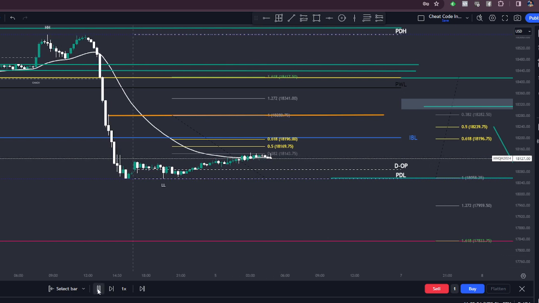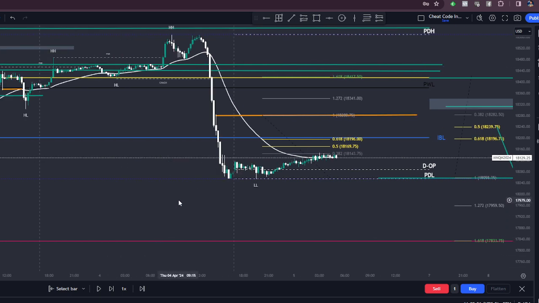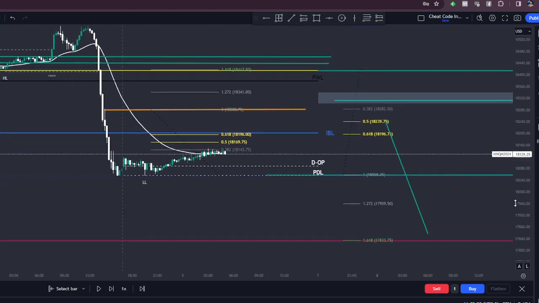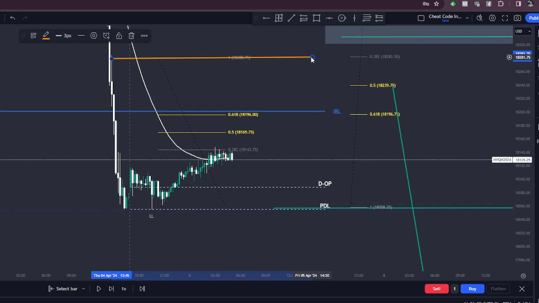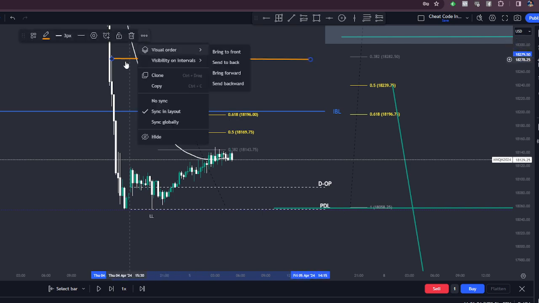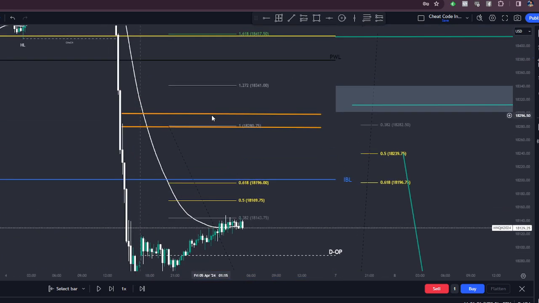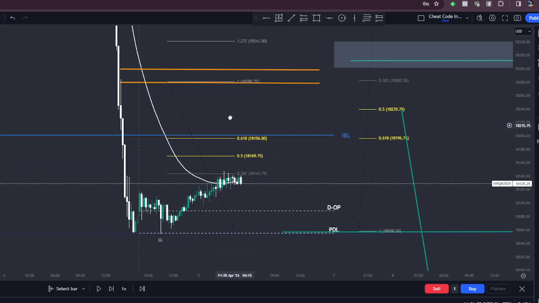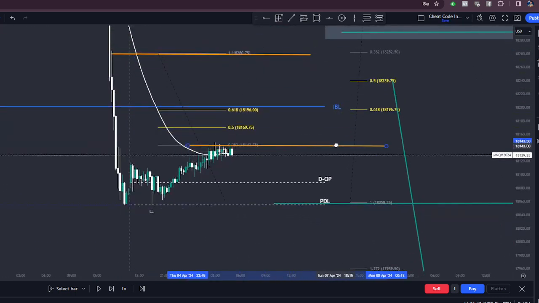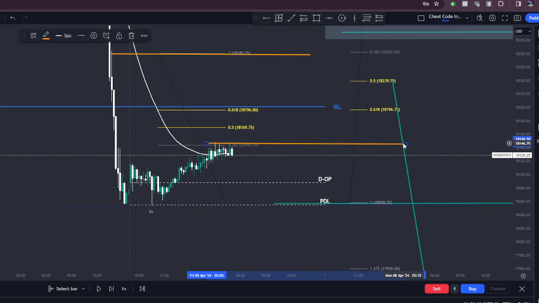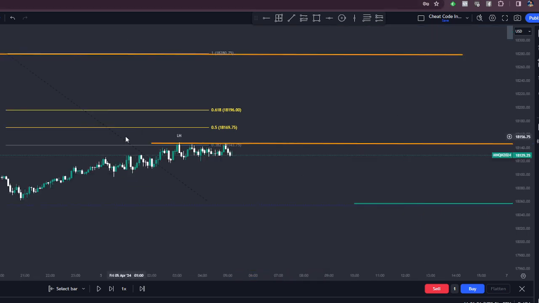Okay, 4 o'clock. I'm at the chart, guys. What do I have here? I'm going to go ahead and, can't grab this thing. There we go. I have a high right there. Sorry, guys, my dog.